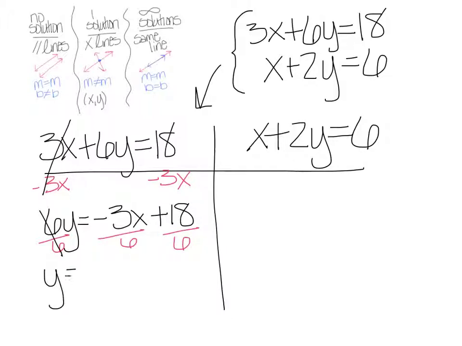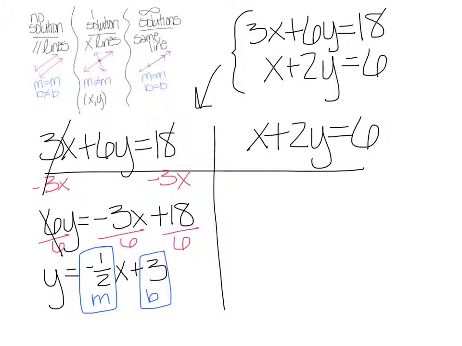So we have y equals a negative 3/6 reduces down to a negative 1/2 x, and a positive 18/6 reduces down to 3. So let's just look. Here's our slope and our y-intercept. And we're going to look and see if the other equation has the same slope and or y-intercept and see how many solutions this system would have.